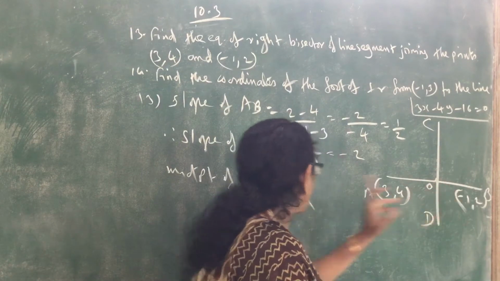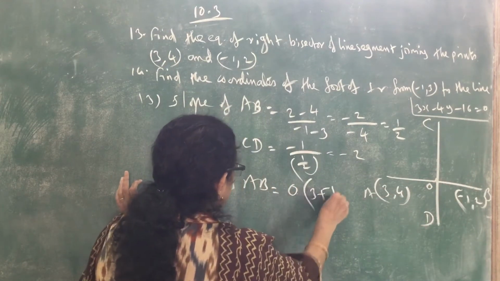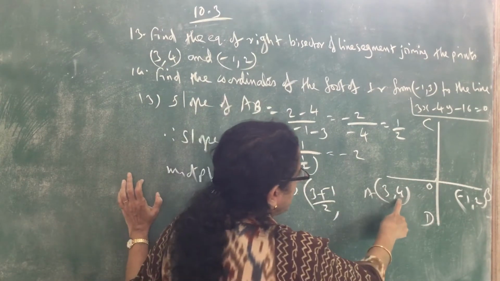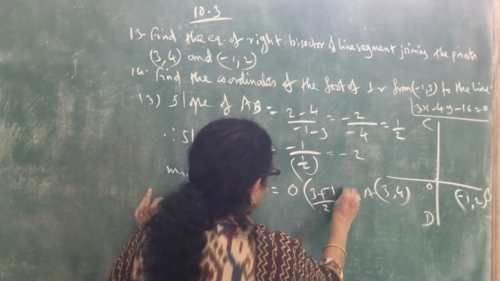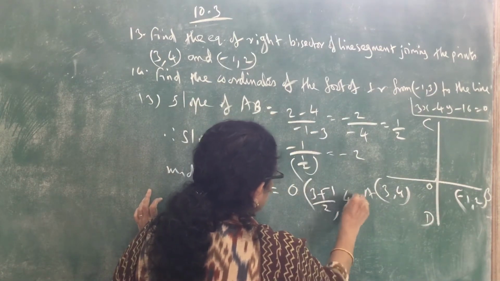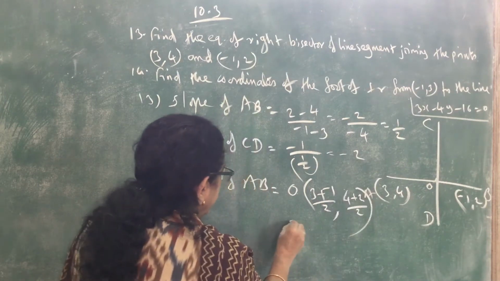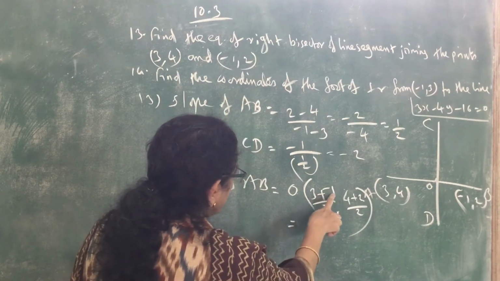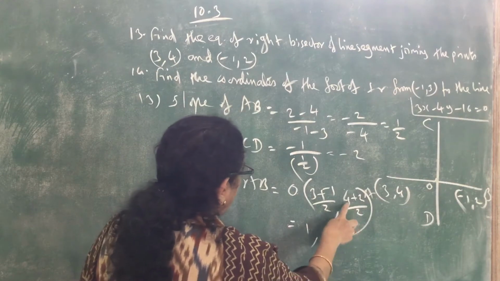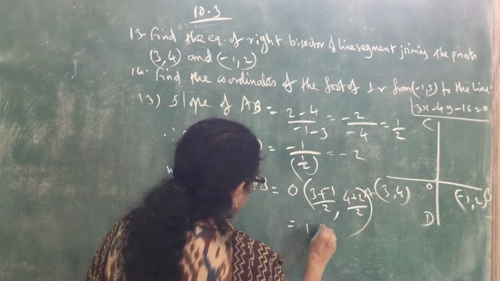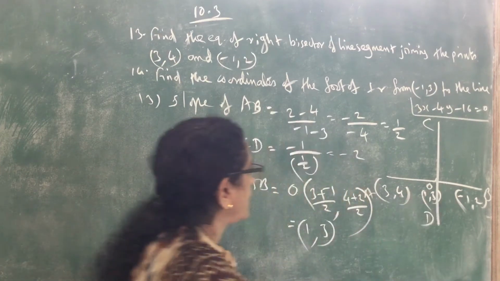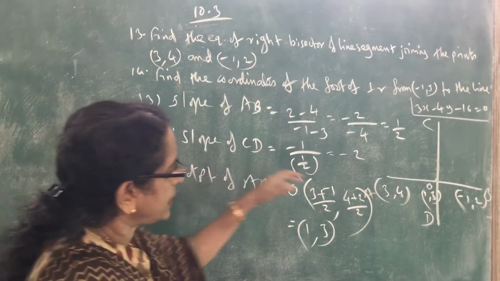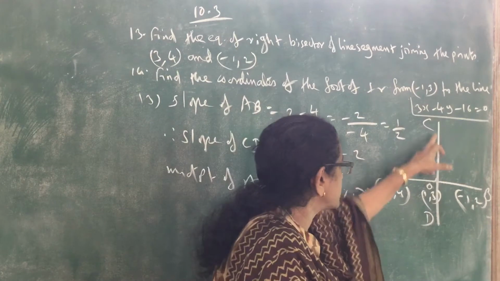That is (3 plus -1) by 2, and (4 plus 2) by 2. 3 minus 1 is 2, 2 by 2 is 1. 4 plus 2 is 6, 6 by 2 is 3. So the midpoint is (1, 3). So the point O is (1, 3).